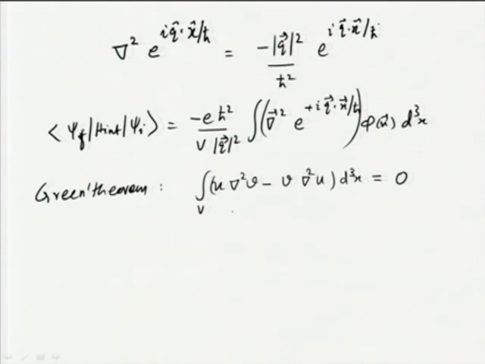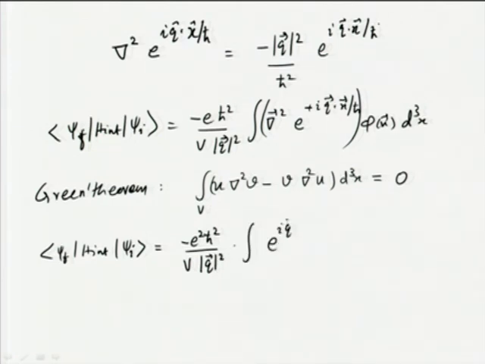So, I can swap this u and v and write psi f, H interaction, psi i, is equal to minus e square h cross square over V q square times the integral of exponential i q dot x over h cross, now with del square acting on phi, d 3 x. This is as per Green's theorem.